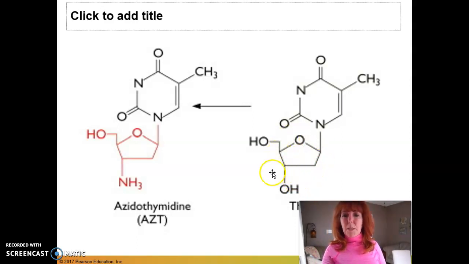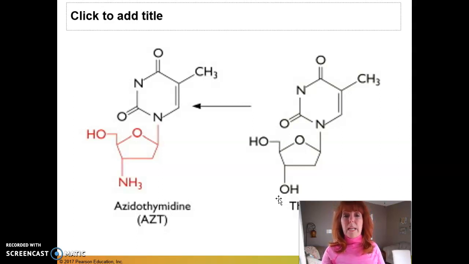And remember, we've talked about this hydroxyl group, which is attached to the 3' carbon. When DNA polymerase sees this nucleotide, and it wants to bring another nucleotide in, it's looking for OH. It can't bring it up over here. Remember, it can only move in a 5' to 3' direction. And the reason is that this 3' hydroxyl group is necessary.